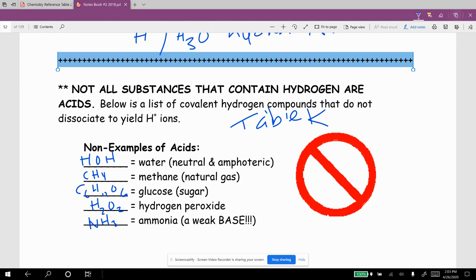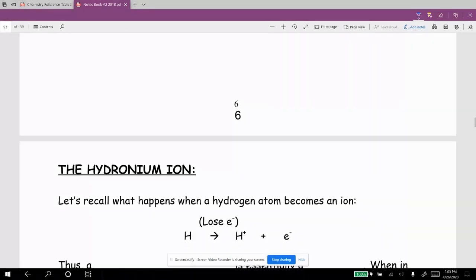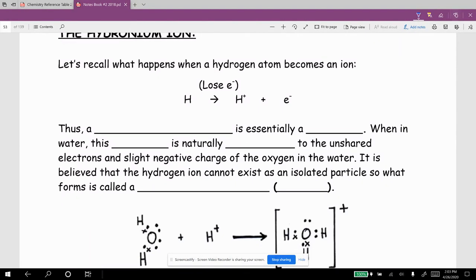So now let's talk about the hydronium ion. Hydrogen has a mass of 1 and atomic number 1. It has 1 proton that's positive and 1 electron that's negative. So when it becomes an ion, the H plus, remember, the positive means you lose an electron.